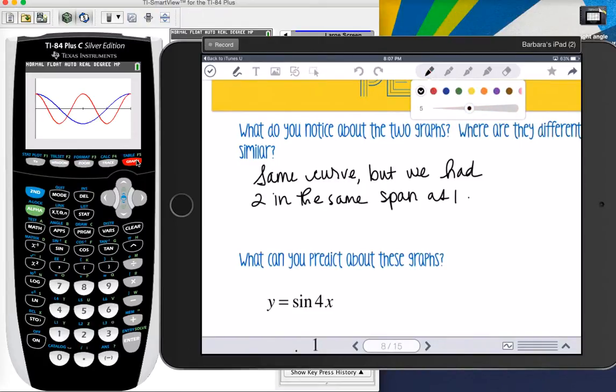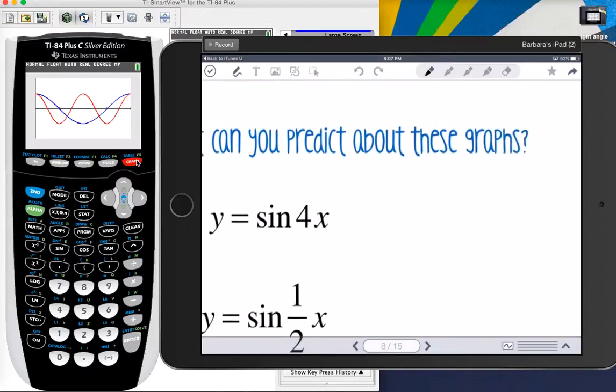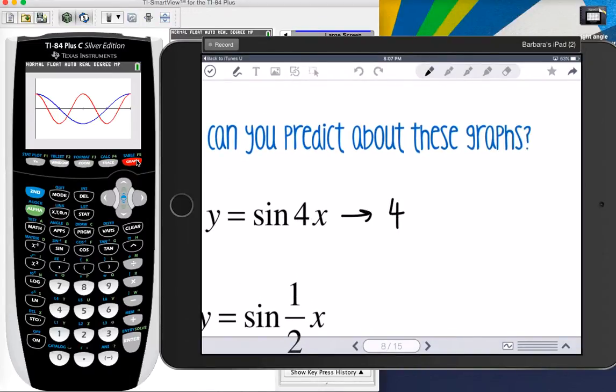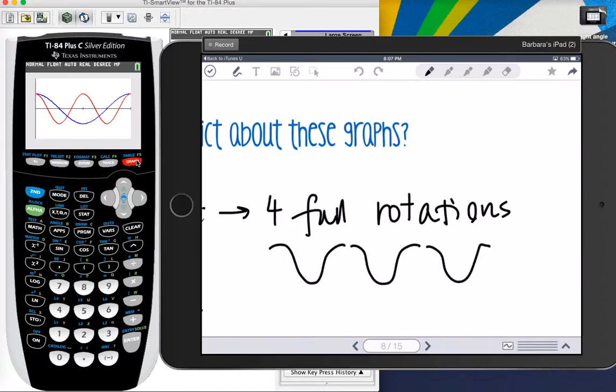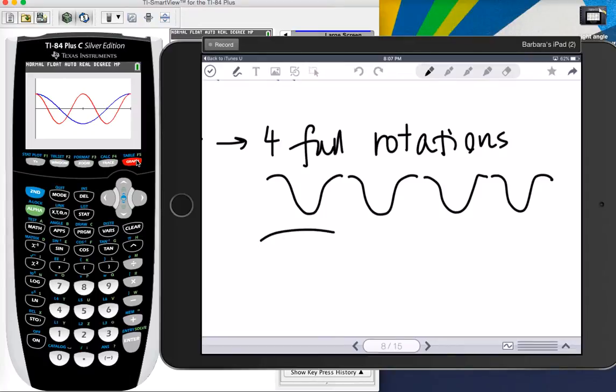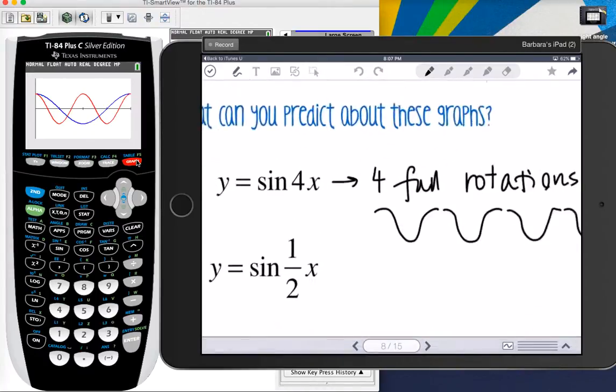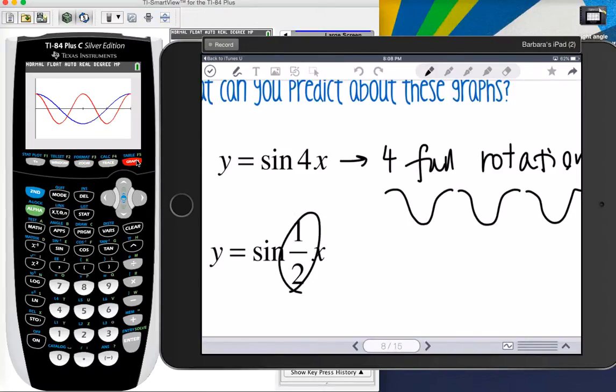So if we were predicting down here, I would say I would be able to do 4 full rotations, or you could think of it as going 1, 2, 3, 4 in the same time it would take it to do 1. Now with the half is where it gets a little tricky.